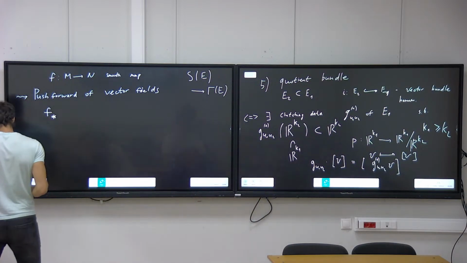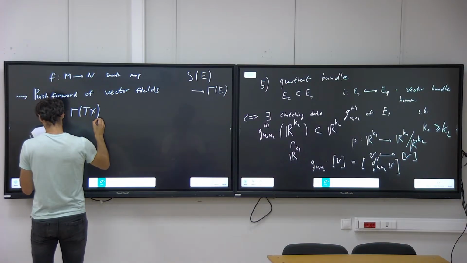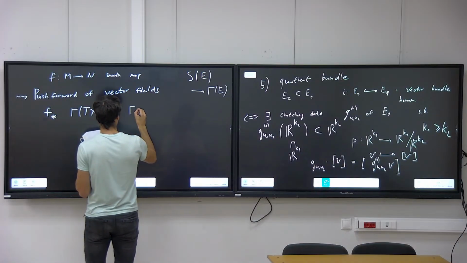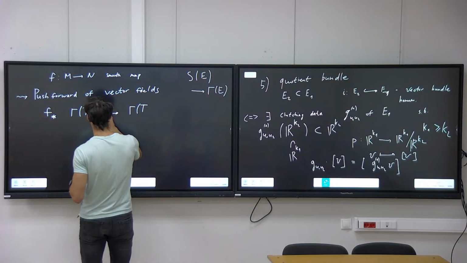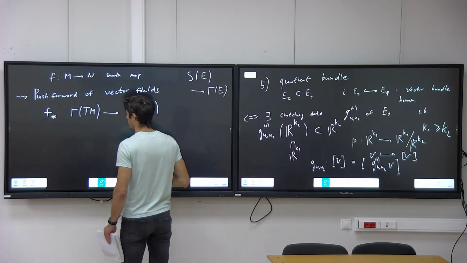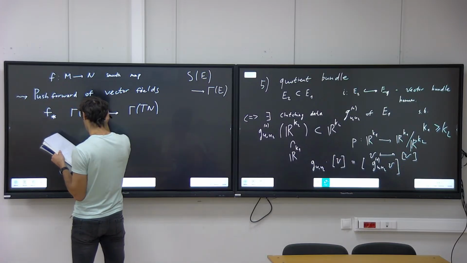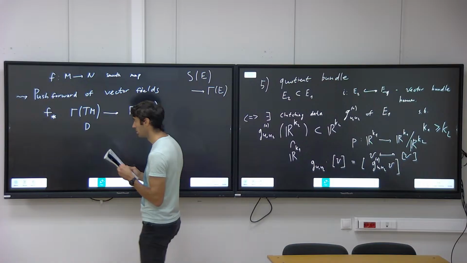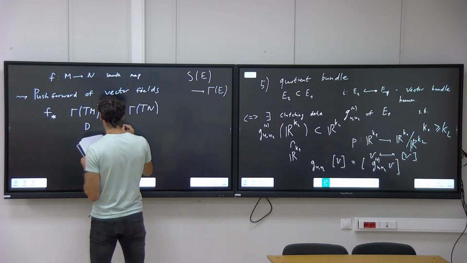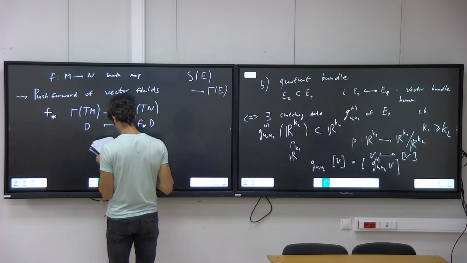So this map is now from gamma of TM to gamma of TN, with M to N. I'm thinking of a section here as a derivation, according to our discussion last time, and so this should give me a derivation in here. So how do I define it?